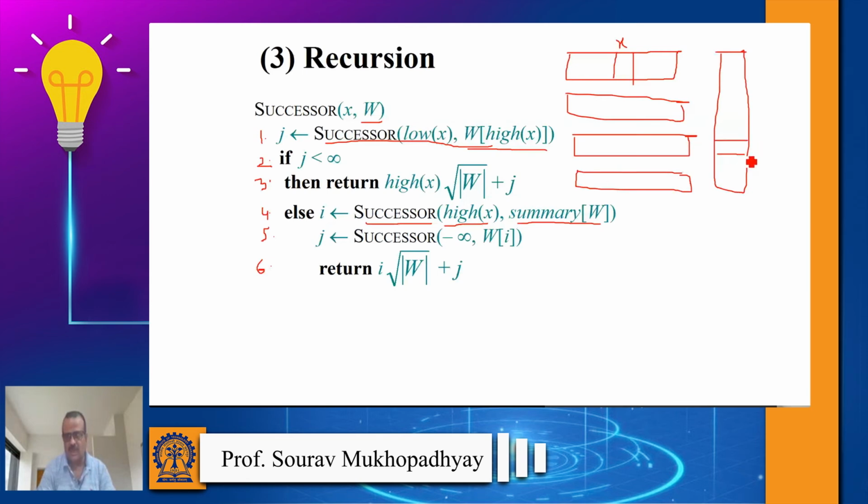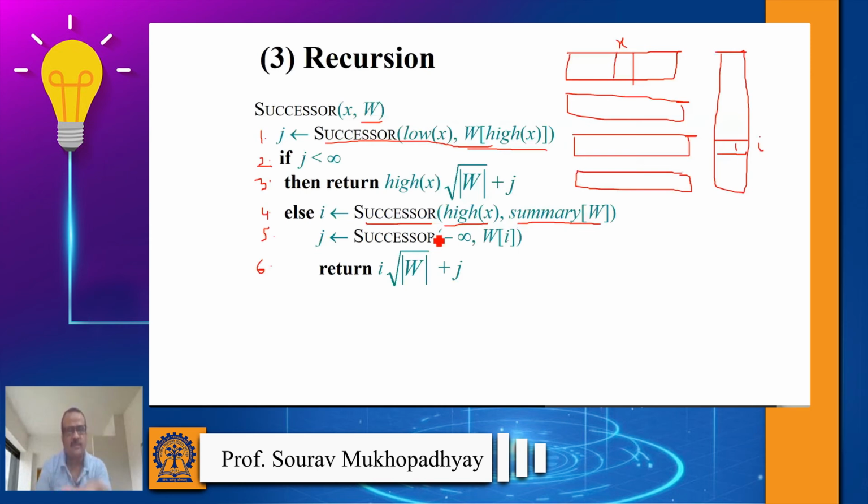So suppose this is the i where this is 1. This is also a successor call after the high of x. Now we know there is a 1 in this w_i, so we have to find the successor of minus something, say minus infinity. If that is j, then we return this in integer form. This is the successor.